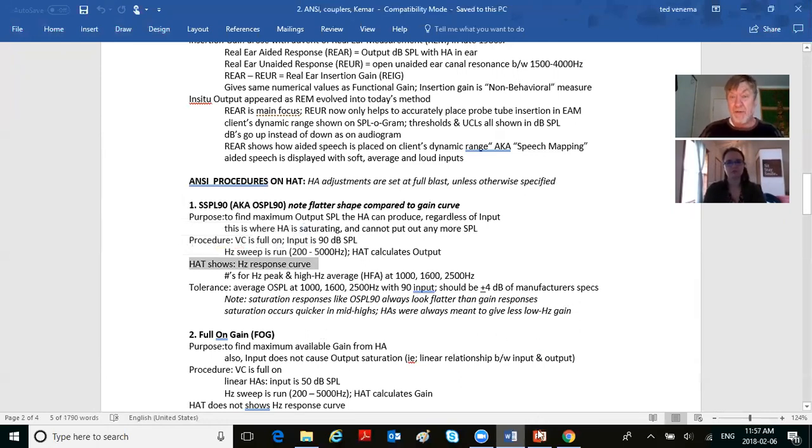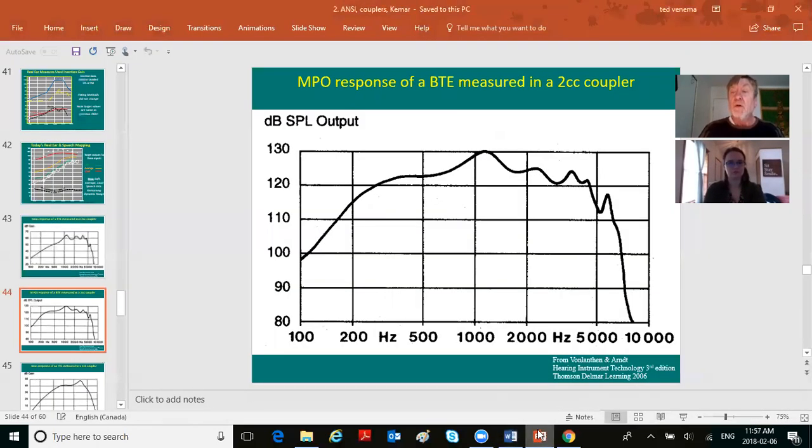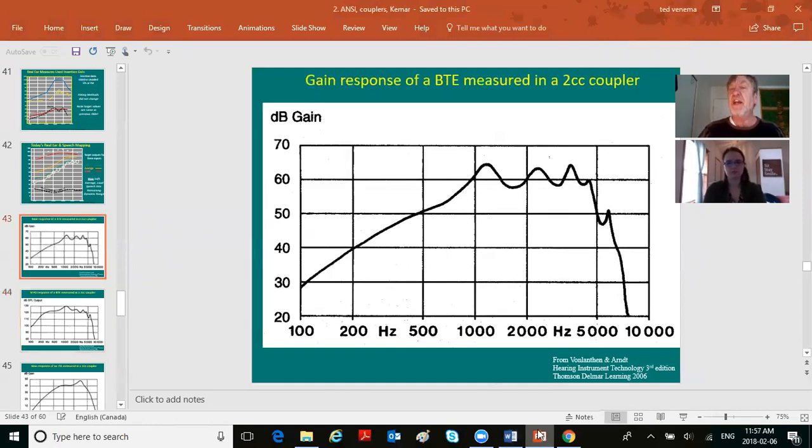All right, back over to here. Go one slide earlier. There's the same hearing aid. This is called full-on gain, FOG, F-O-G, full-on gain. The volume is still full blast, but now only 50 or 60 is put into the hearing aid, less than 90.